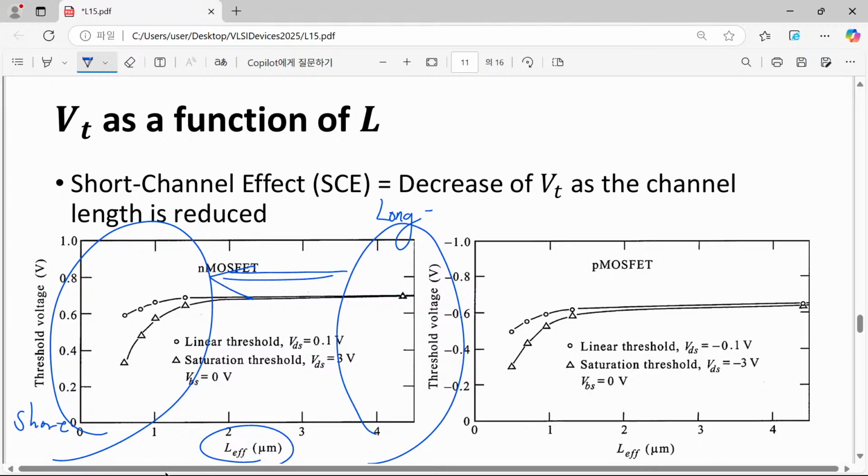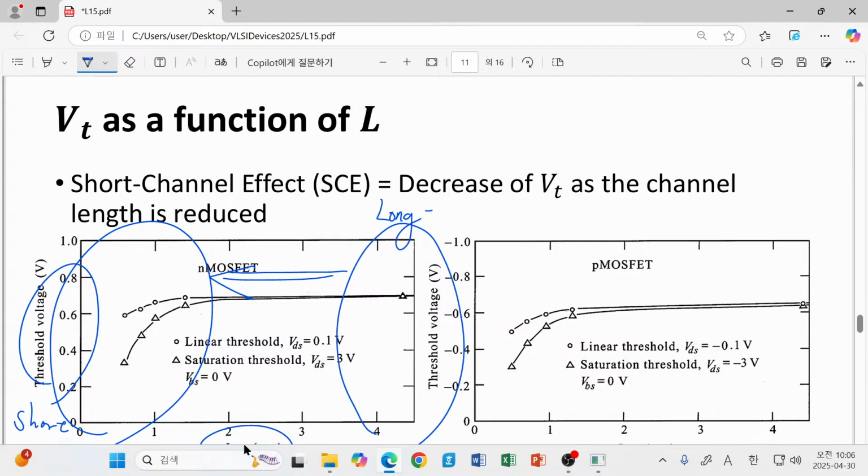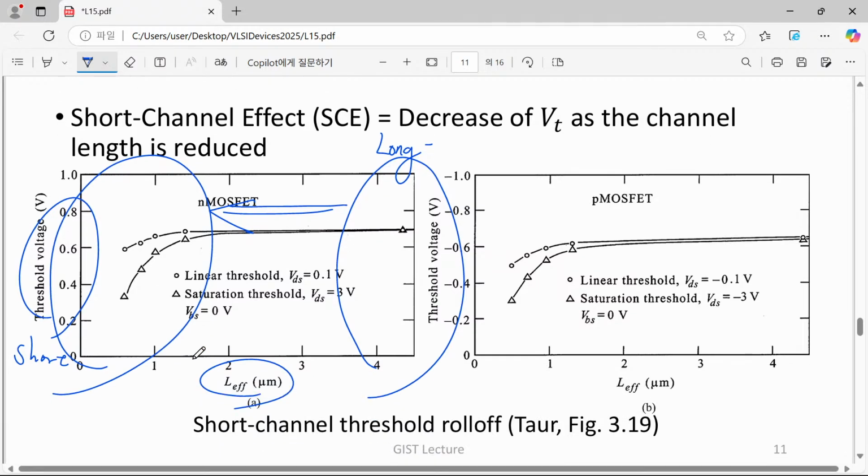That is the typical way of drawing a certain quantity, whether threshold voltage, DIBL, or any kind of quantity, as a function of effective length or channel length. And what we usually want to have is just a flat line, not affected by the channel length. We wanted to have the technology which is quite insensitive to the channel length. That is our ideal case.